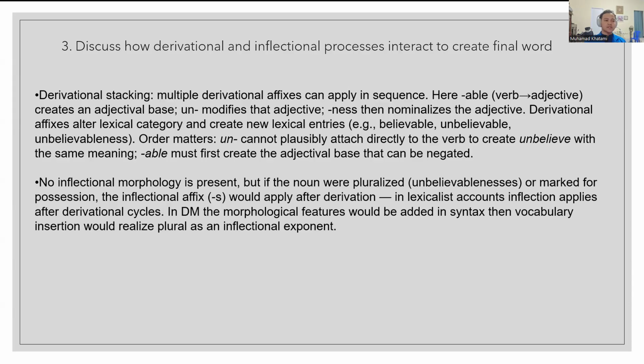Derivational affixes alter lexical category and create new lexical entries, for example believable to unbelievableness. Order matters. Un cannot plausibly attach directly to the verb to create unbelief with the same meaning. Able must first create the adjectival base that can be negated.